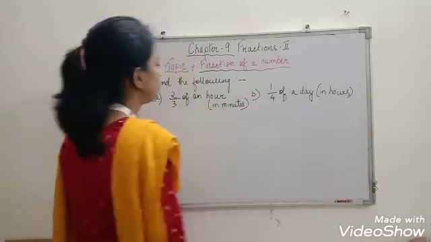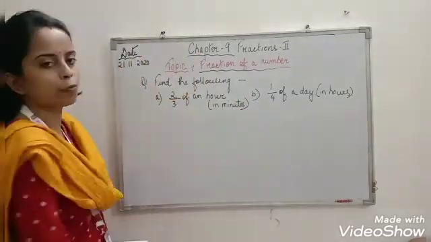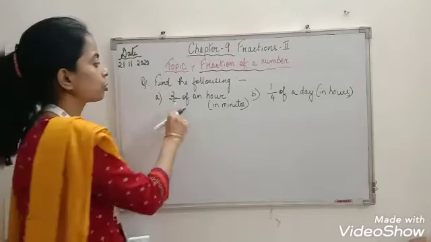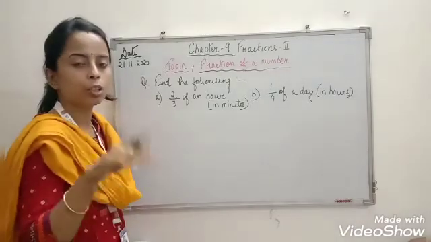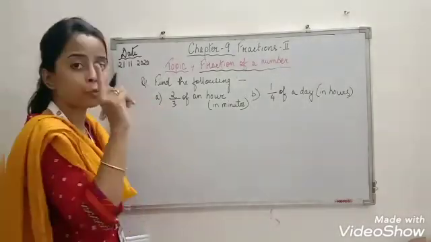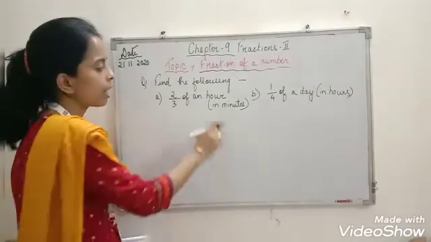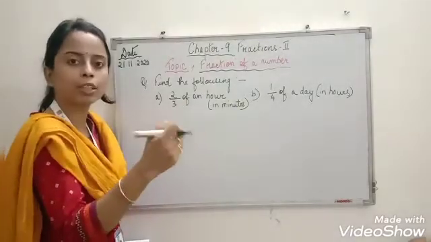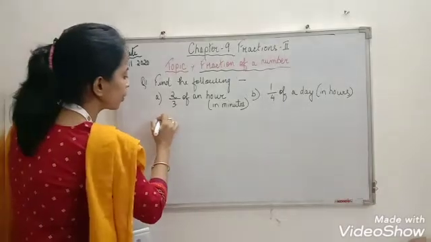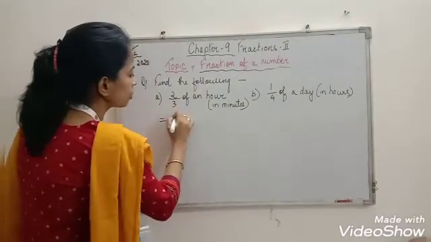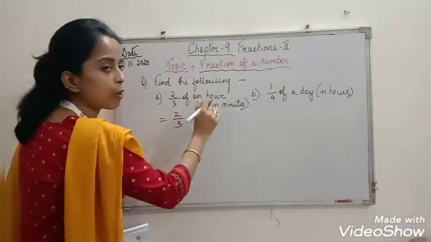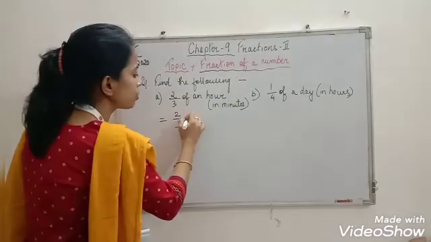So, what do you have to find out? 2/3 of an hour means you have to find 2/3 of 1 hour. And here it is written that you have to convert into minutes. So 2/3 of an hour means 2/3 into 1 hour.